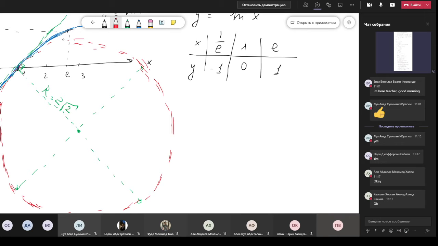Well, definitely our radius of our circle here at this point is perpendicular to the tangent line. In this circle of curvature.